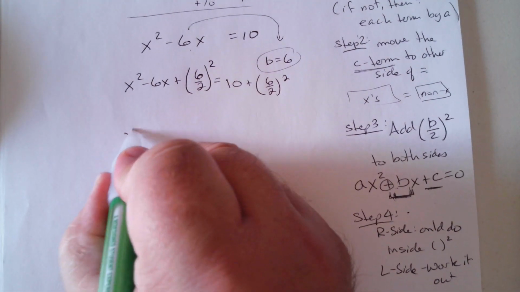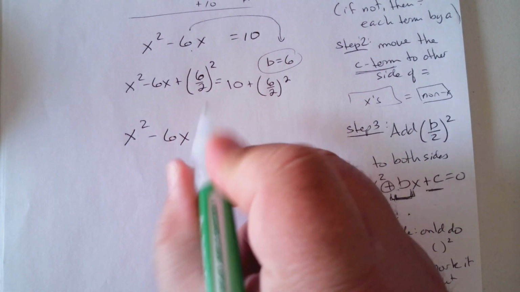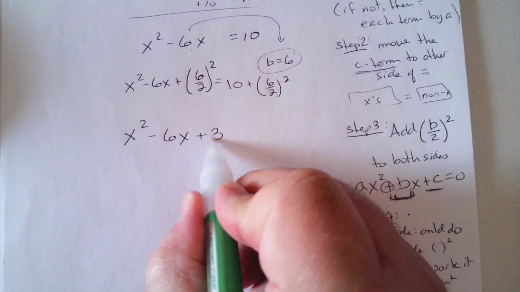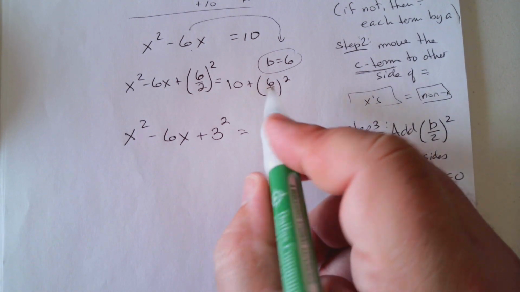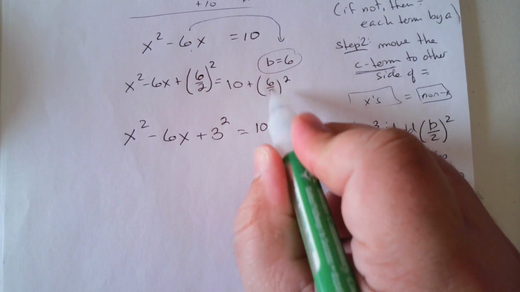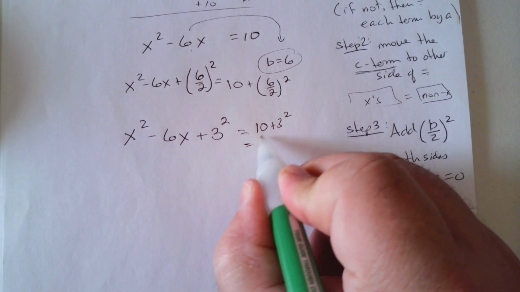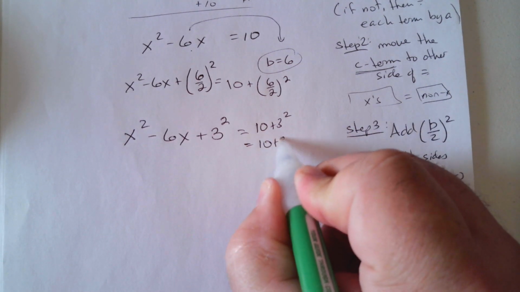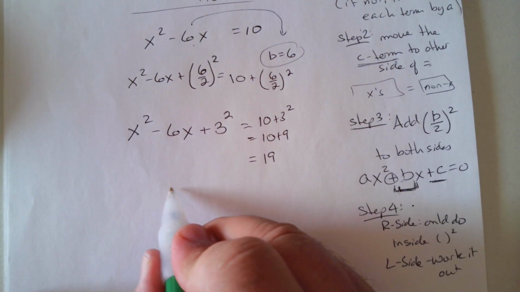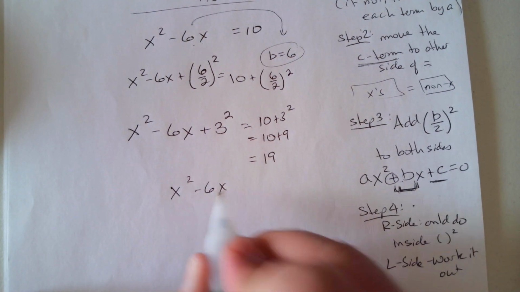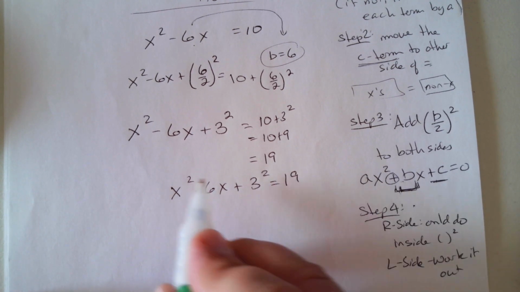Okay, so we have x squared minus 6x. 6 divided by 2 is 3, squared. 3 squared is 9. 10 plus 9 is 19. So we have x squared minus 6x plus 3 squared equals 19.